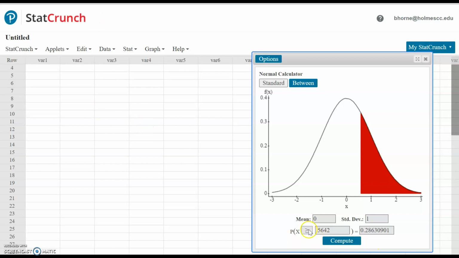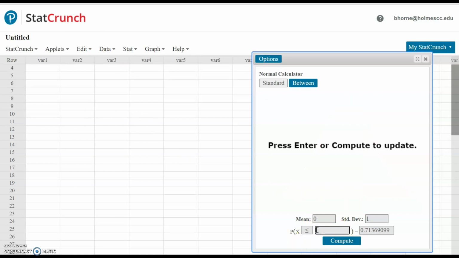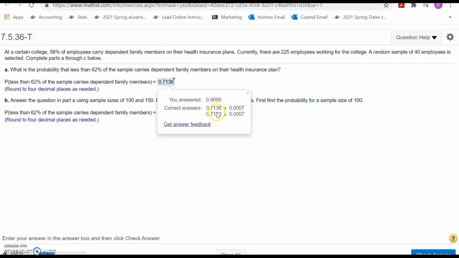and that would give us 0.7137. Or you can just put in less than or equal to 0.5642, and even though we want less than this number, the rounding is going to put it at 0.7137, which is acceptable for this question because you can have anything close to 0.7136 plus 0.0007, which would be 0.7143.